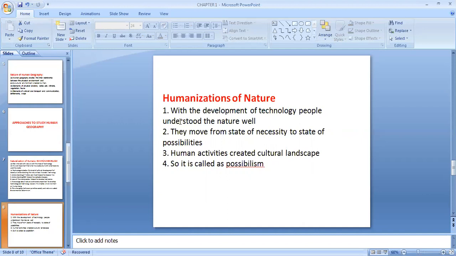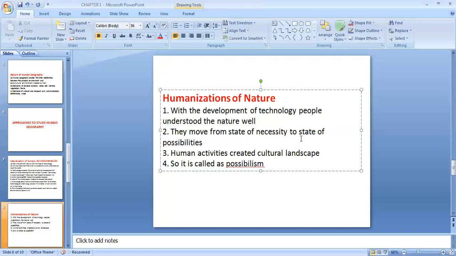We can change it. So we people are not following nature; now nature is following us. According to the human, nature has to do whatever humans need. To fulfill human needs, nature has to do like that. So that is humanization of nature.